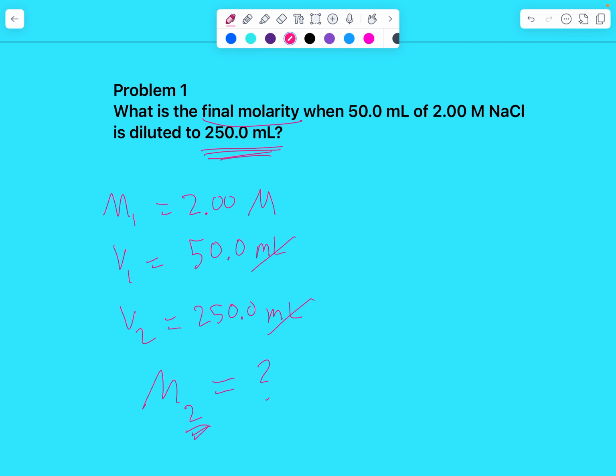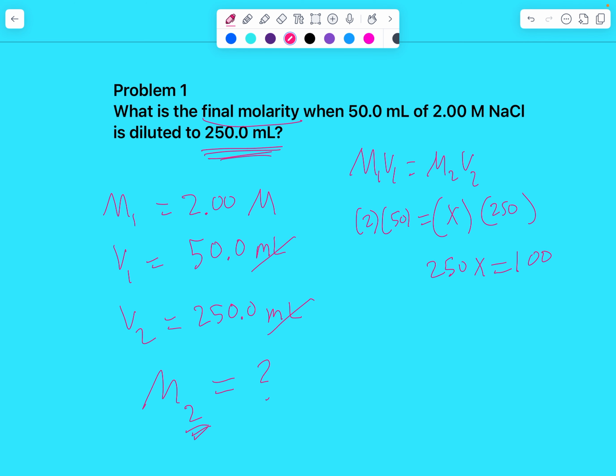So let's plug it into the formula. We got M₁V₁ equals M₂V₂, right? So we got 2 times 50 equals X times 250. So I got 250X equals 100.